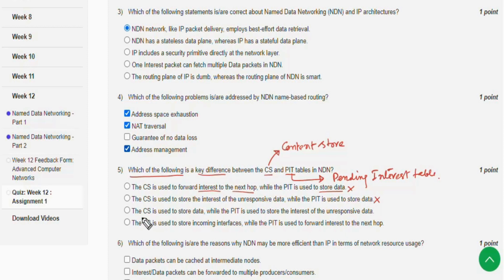The CS is used to store data, while the PIT is used to store the interest of the unresponsive data, and that is correct. The CS is used to store incoming interface, while the PIT is used to forward interest to the next hop, and that is not correct. The answer will be the CS is used to store data, while the PIT is used to store the interest of the unresponsive data. Okay, so the answer will be this one.